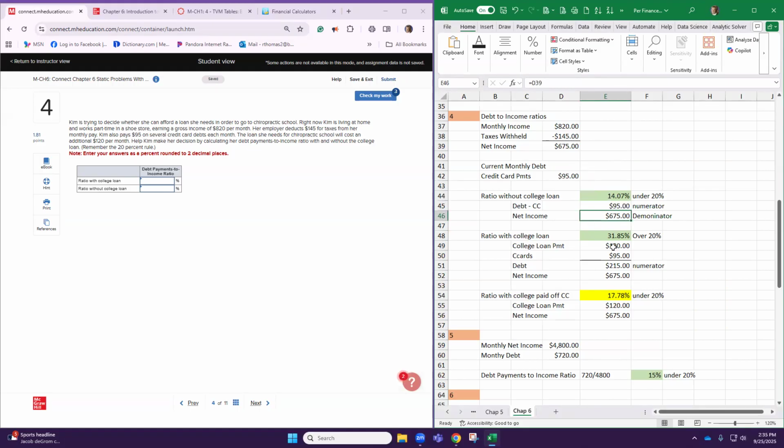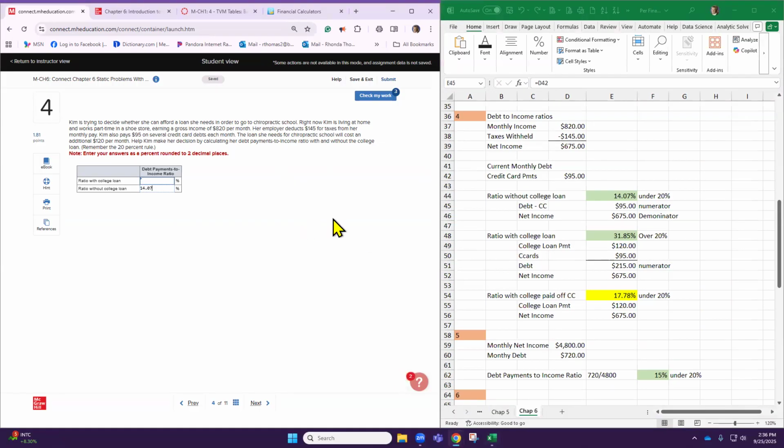She gets $675. So if you take the debt and divide by the net income, you get 14.07. Now I'm going to put that down here, 14.07, and they do want a percentage.